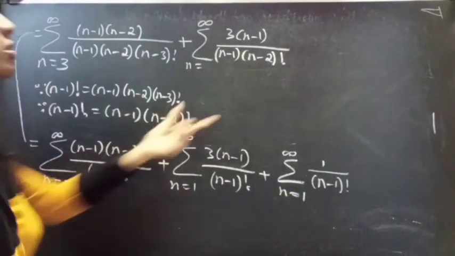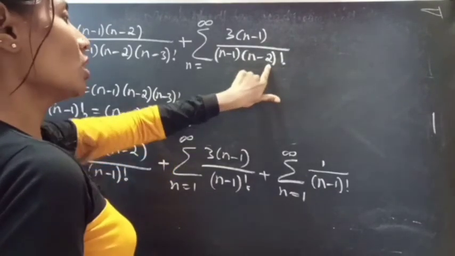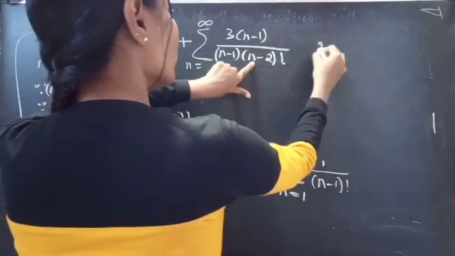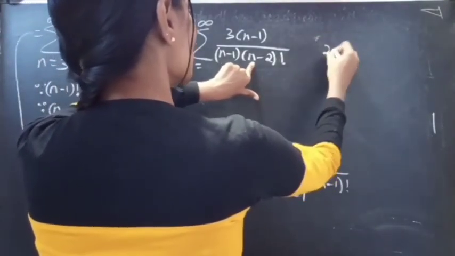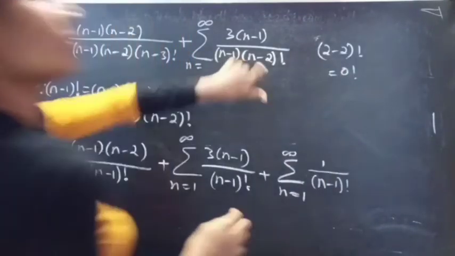Okay. So in this factorial we are having n minus 2. If we put 2, then only we'll get 0 when we put n equals to 2. See, 2 minus 2 factorial equals to 0 factorial.